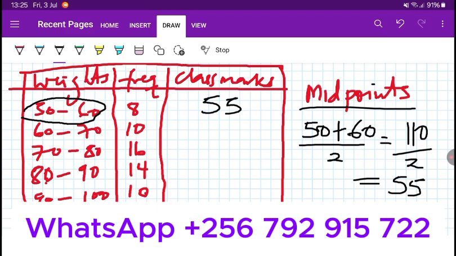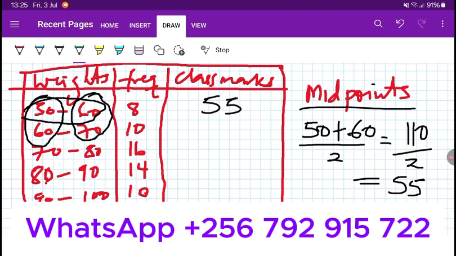Then we do the same to the second class, 60 plus 70 divided by 2. Now, the other option that you can use, you can get the class interval. You know what is the class interval? Remember we said to get the class interval, you pick either this side and you subtract, or this side and you subtract. You'll find that it's 10.